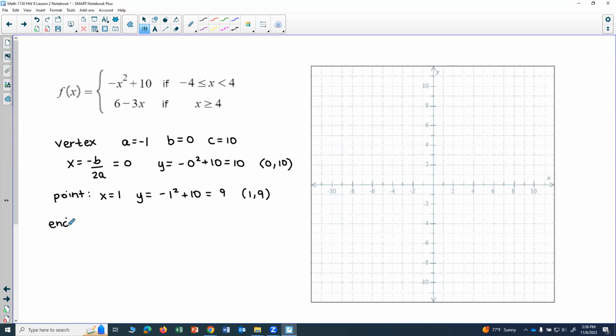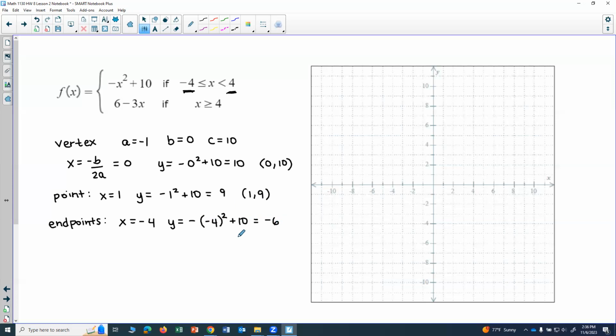And now let me figure out the endpoints. When I say the endpoints, I mean at the endpoints of that given part of the domain. So when x is negative 4 and x is positive 4. So when x is negative 4, I'll have y equals negative, parentheses, negative 4 squared plus 10. That's going to give me negative 16 plus 10.